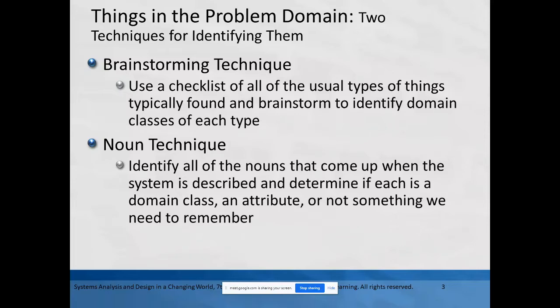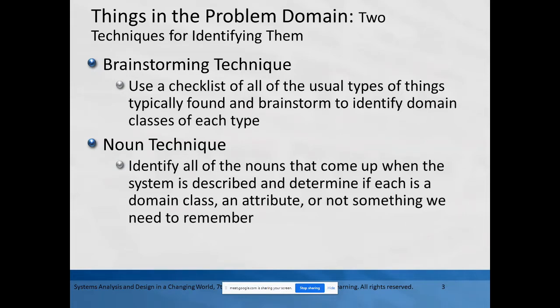So when you're using standards, oftentimes you're going to be looking for things that aren't appropriate, and you're going to miss things that are appropriate because the standards don't think about that very specific and unique situation. With all of that said, I have seen the brainstorming technique done, and it worked relatively well, but it was probably more the exception to the rule than the norm, which would be the noun technique.